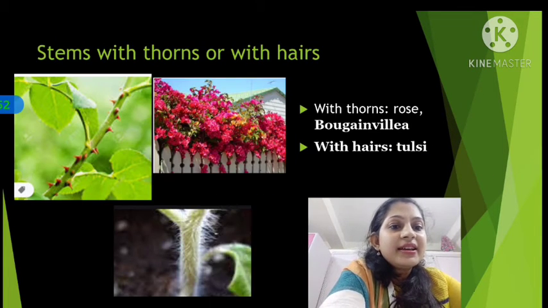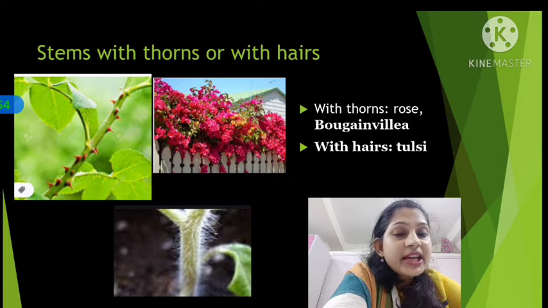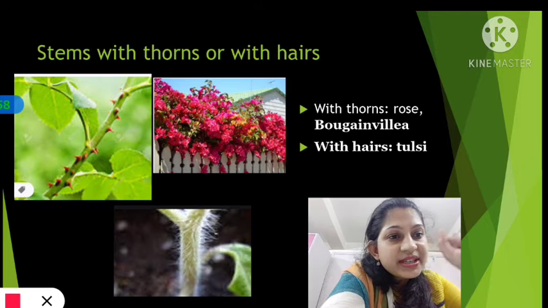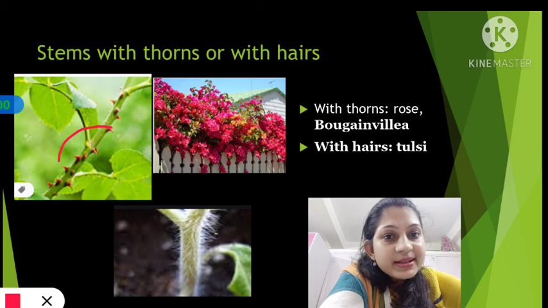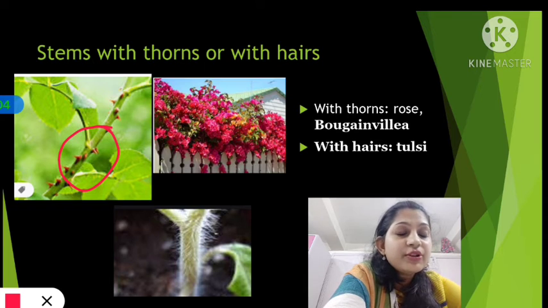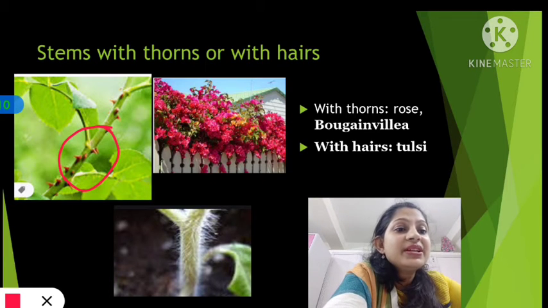Now let us move ahead to another type of stem. See here, on some of the stems you find thorns. You can see the thorn, the spiny part, in this picture. Can you give me an example of a plant having thorns on its stem? Yes, example is rose, a very common plant.